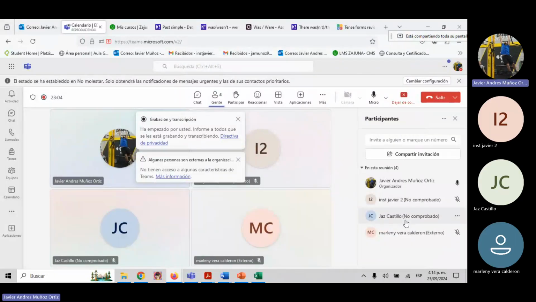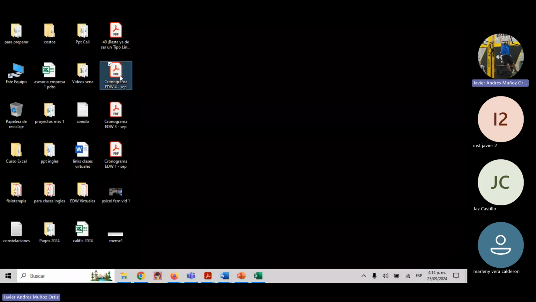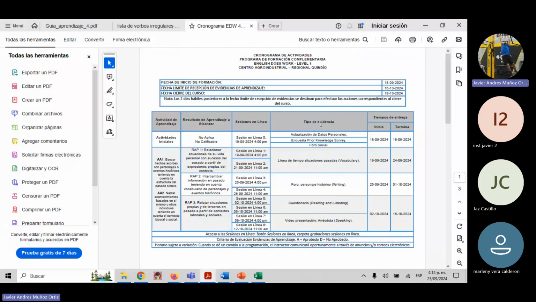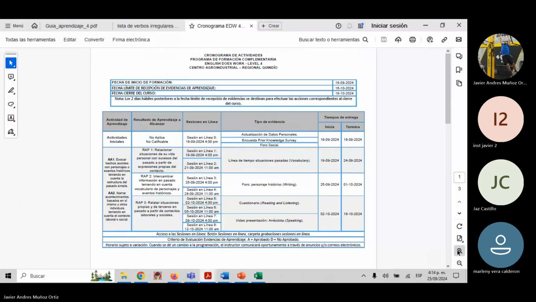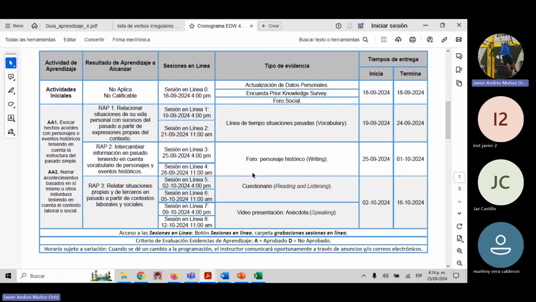Okay, I'm going to do a quick recap. Today, in this session, in the Saturday's session, we're going to complete the activity number 2 related to the forum personaje histórico, and we're going to develop this activity this week until the 1st of October.